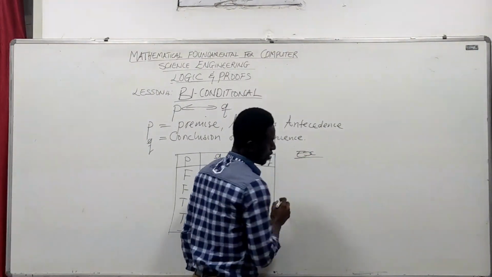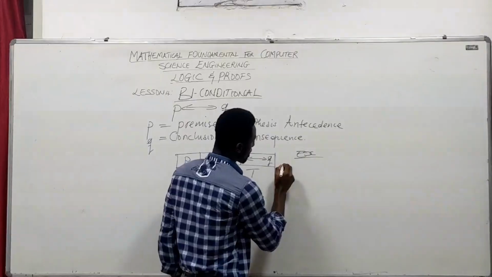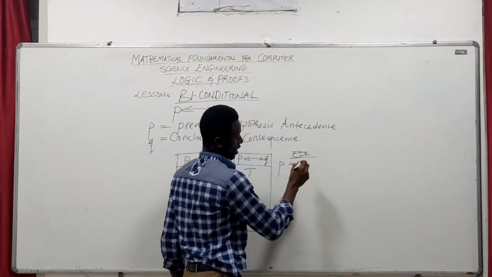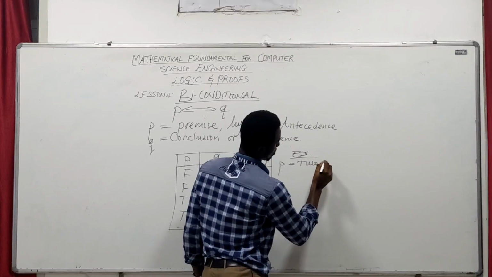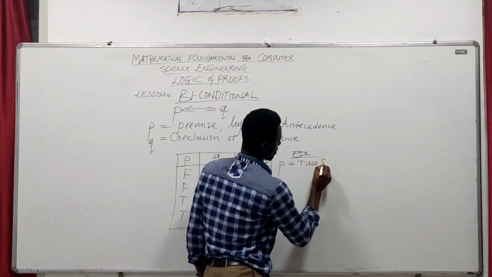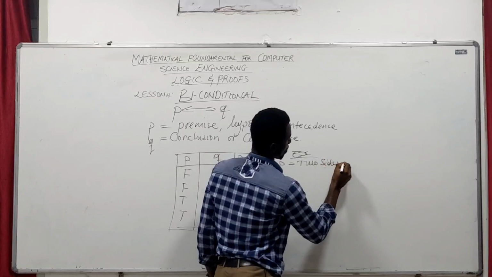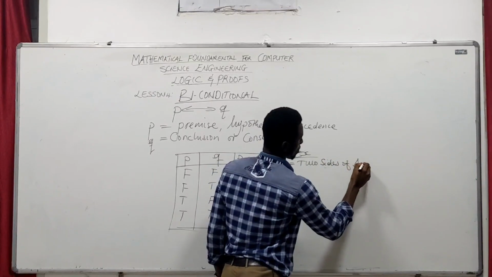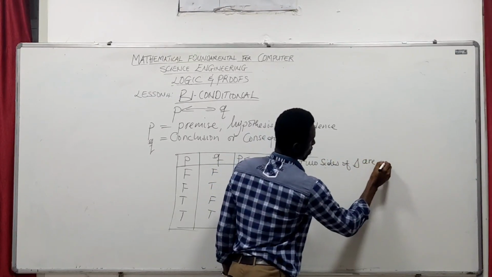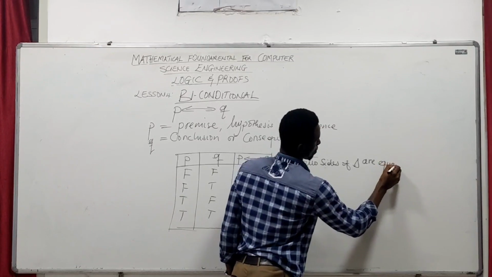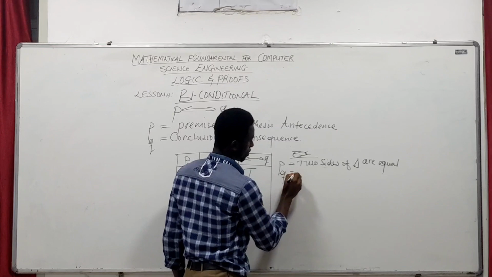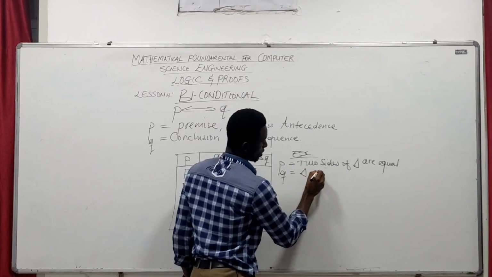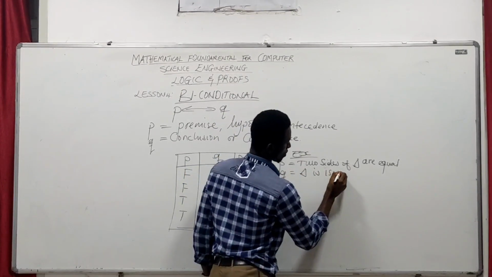So here is an example. We said P: two sides of a triangle are equal. Then Q: the triangle is isosceles.